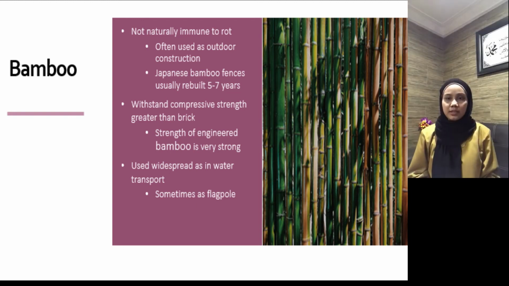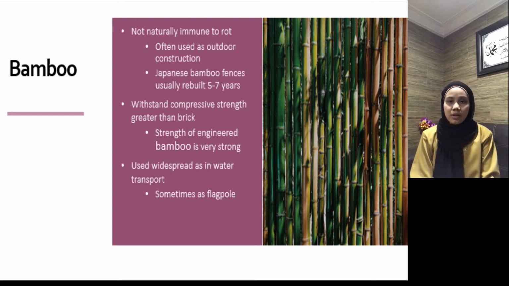Next, I will discuss the types of wood used. There are three types of wood used, namely bamboo, birch, and cedar. For bamboo, this wood is not available with a roof, because mostly this wood is used as exterior construction.